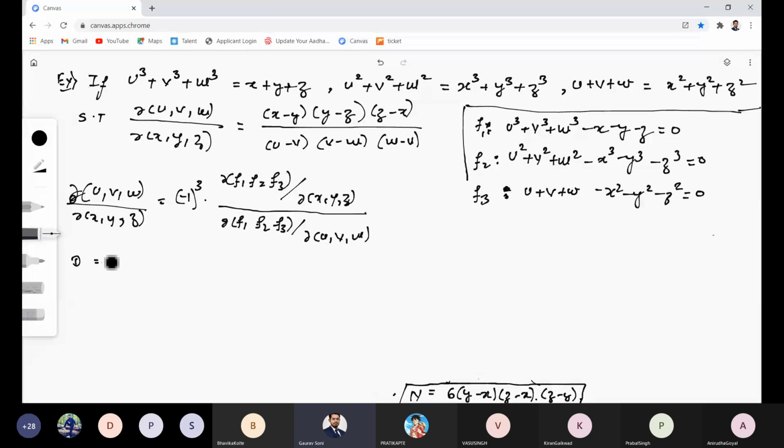The denominator: Jacobian of f1, f2, f3 with respect to u, v, w.